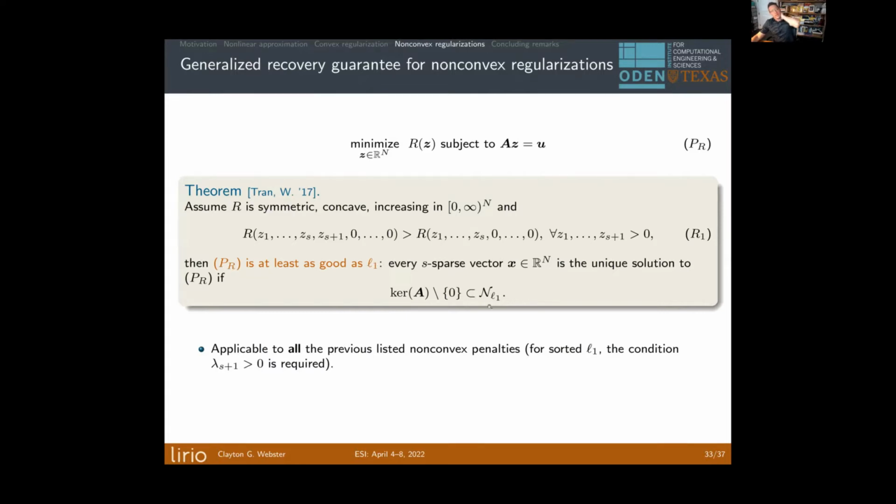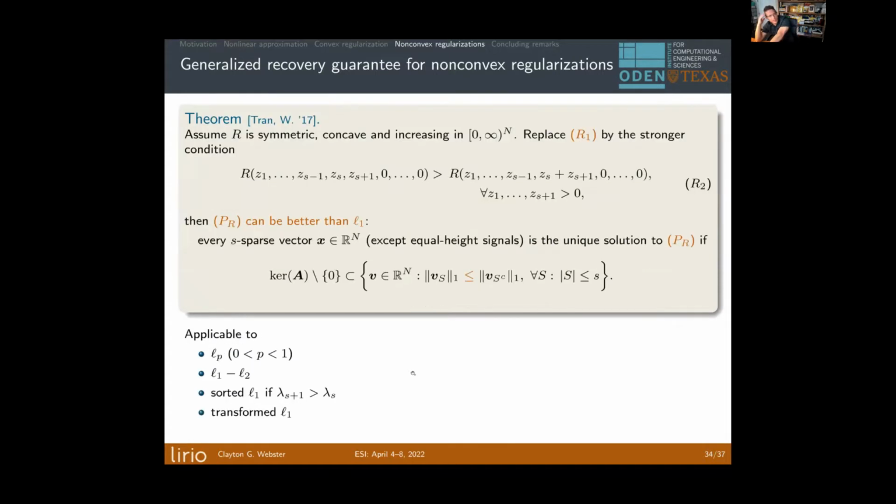Now, the nice thing about this is it's applicable to all the previous non-convex penalties. And when we look at sorted L1, we need an additional condition. But this tells us that all of those non-convex approximations are at least as good as L1.